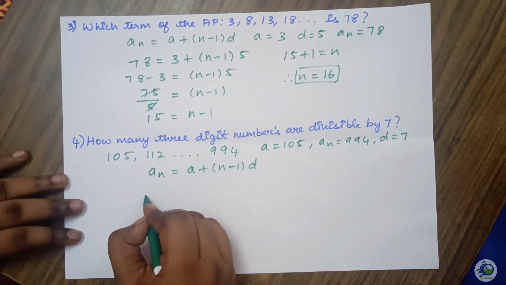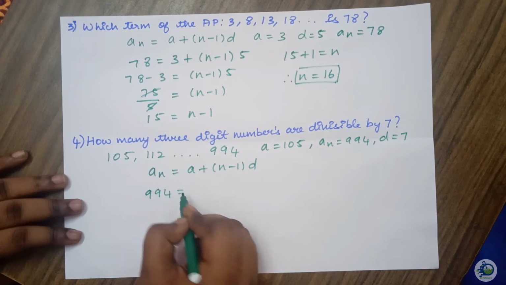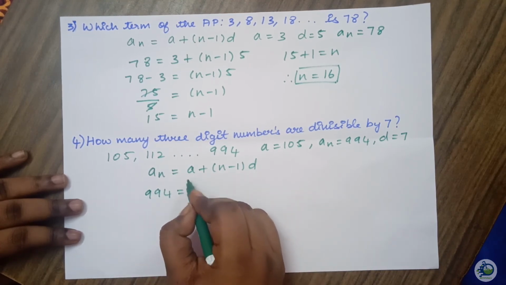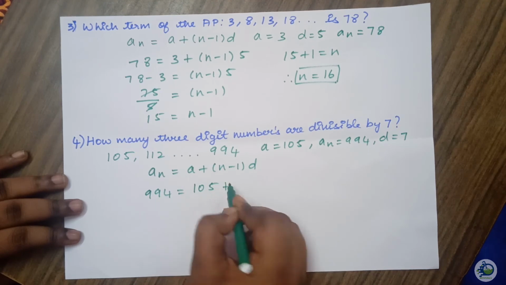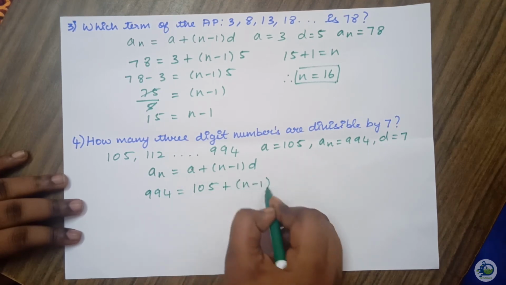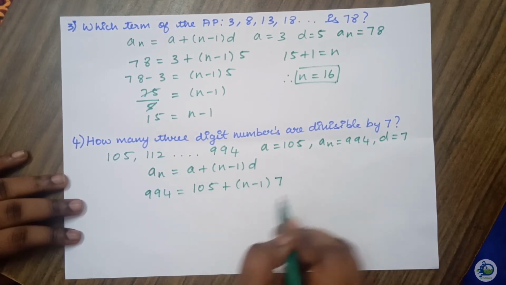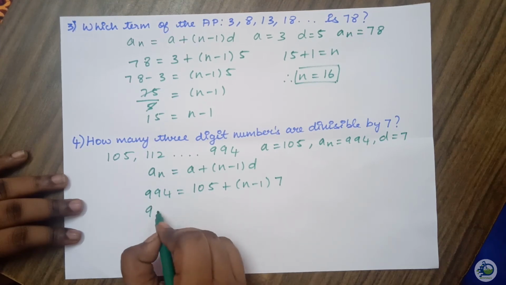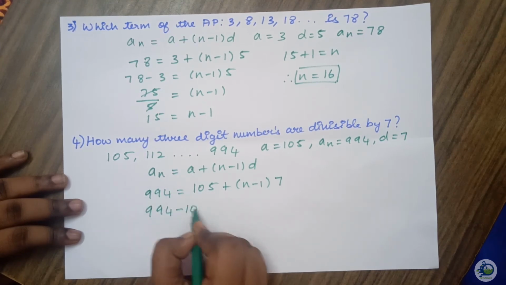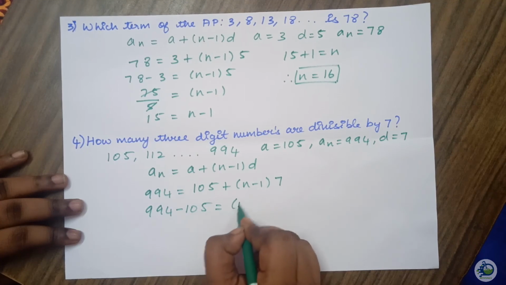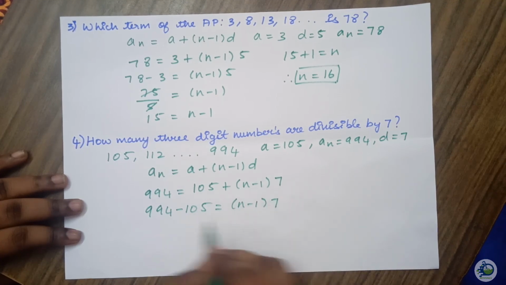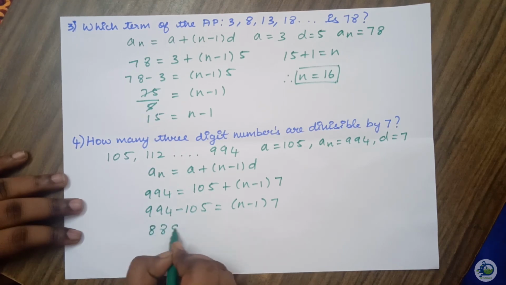So an is 994, which is equal to a, which is 105, plus n minus 1, d is 7. So when I bring this 105 to this side, it is 994 minus 105, which is equal to n minus 1 into 7. So 994 minus 105 is 889.